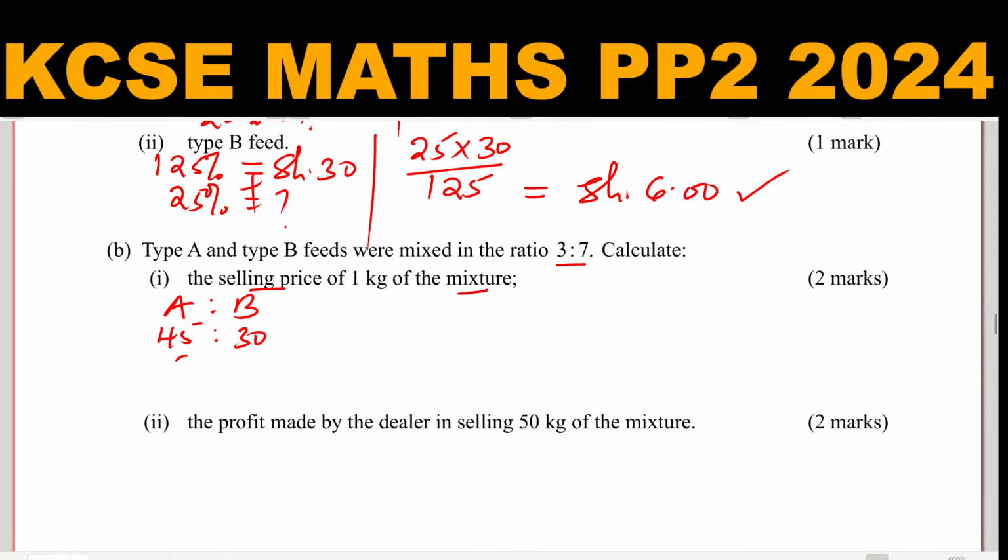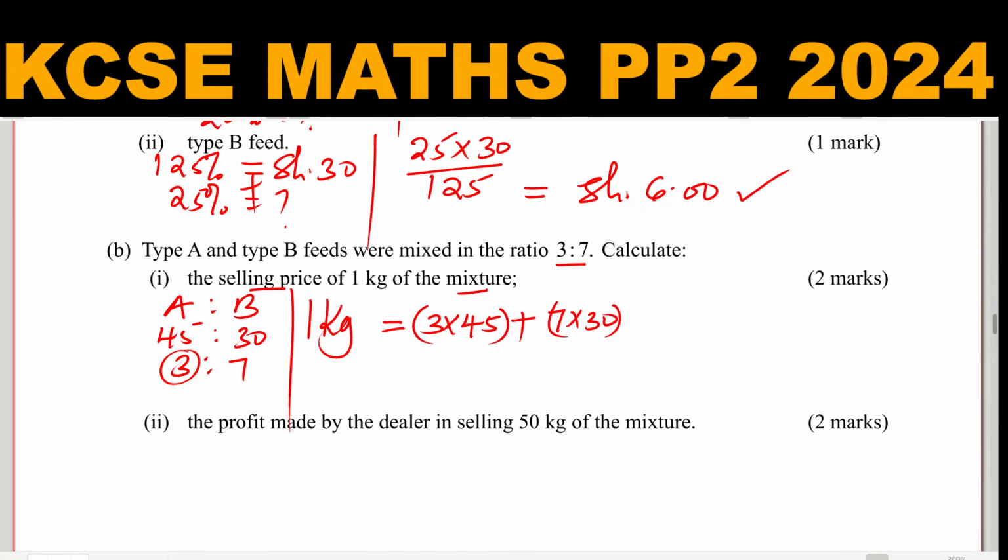The ratio is 3:7. Having this ratio, we get the selling price of 1 kg of the mixture like this. 1 kg of the mixture will be given by 3, that is the ratio for A, multiplied by 45, and then you add 7 times 30, using the ratio, and then divide by the sum of the ratio, 3 plus 7, which is 10.